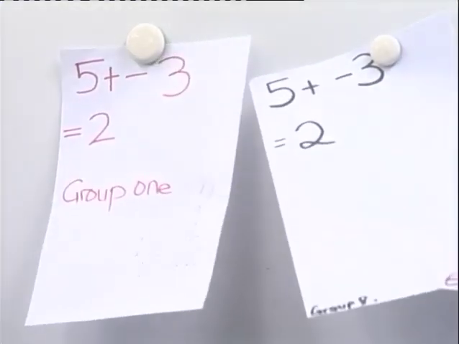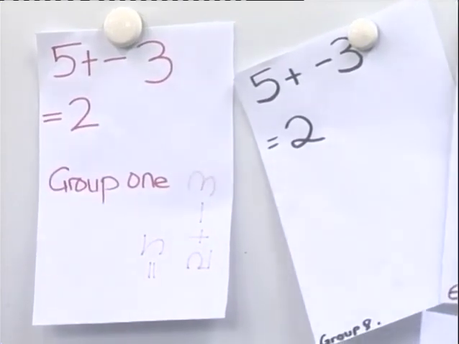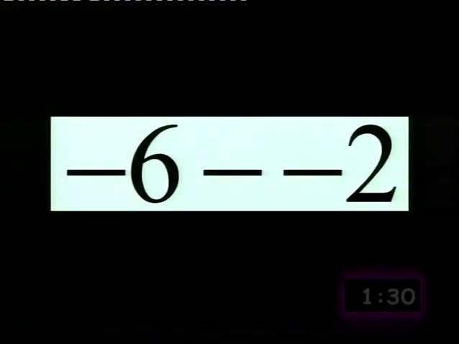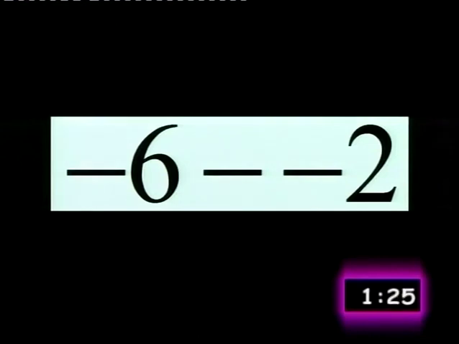Okay. Now what about the next one? The next problem here. Receiving students and 8Es, you have your papers there, model students. -6 take away -2.